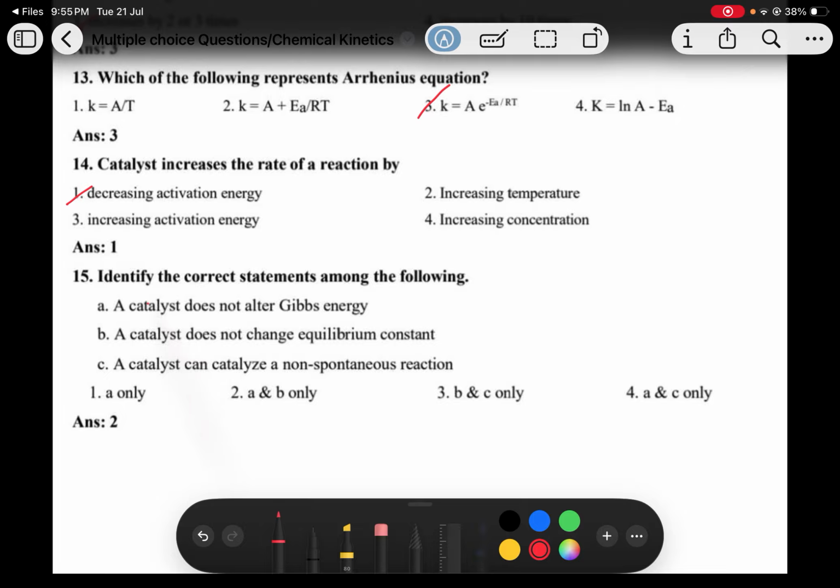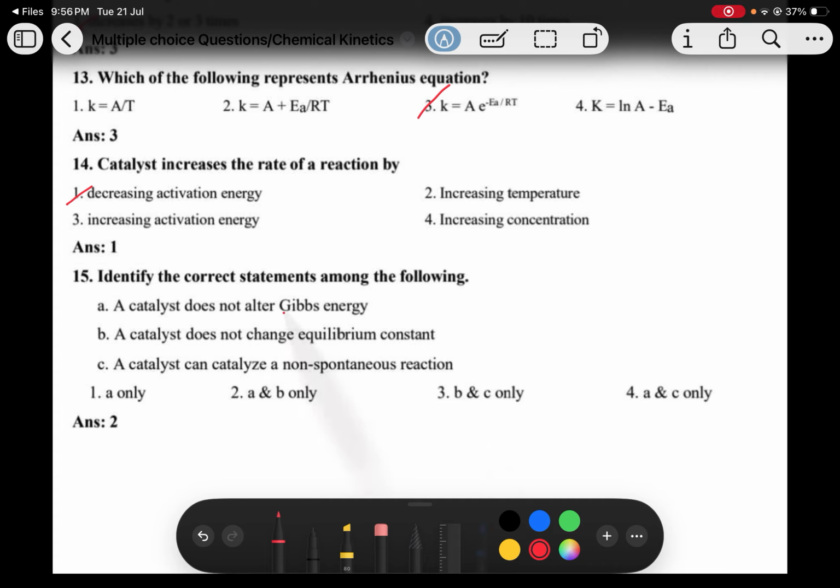Next, 15th one, identify the correct statement among the following. A, a catalyst does not alter Gibbs energy. B, a catalyst does not change equilibrium constant. C, a catalyst can catalyze a non-spontaneous reaction. First one is A only, second one is A and B only, third one is B and C only, fourth one is A and C only.